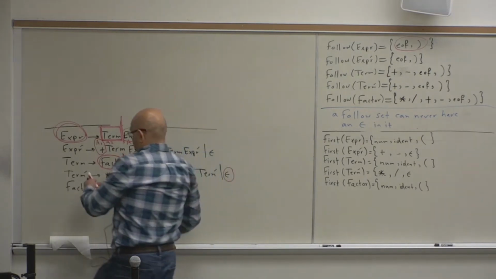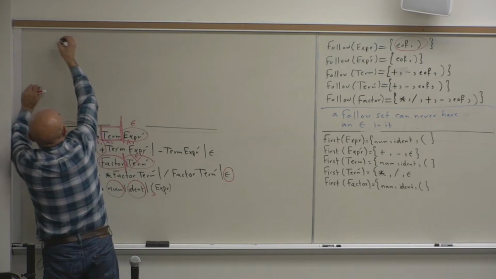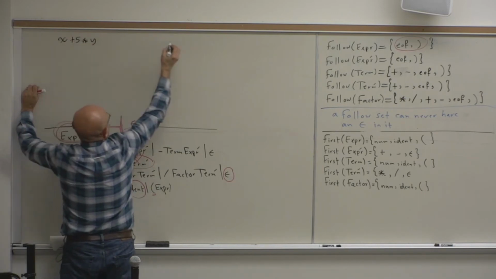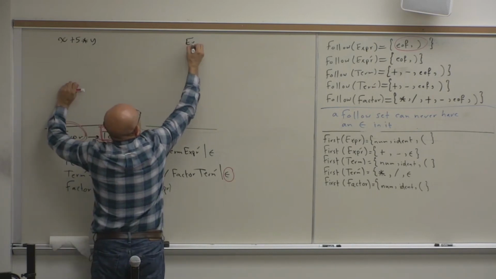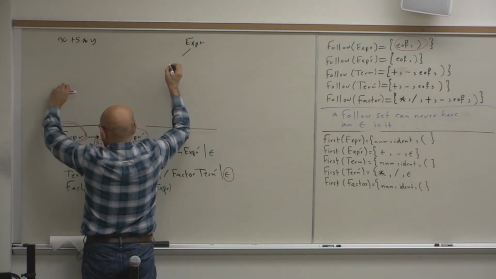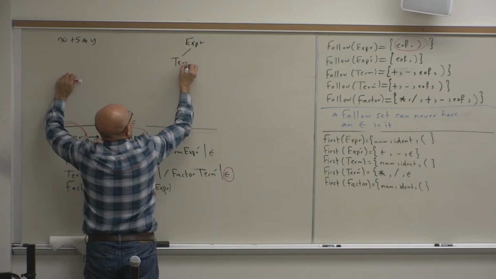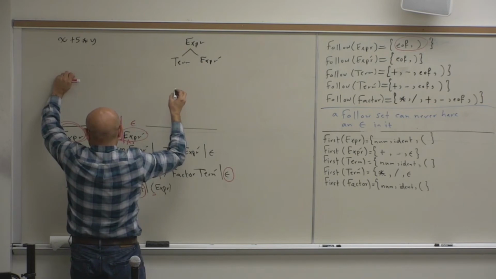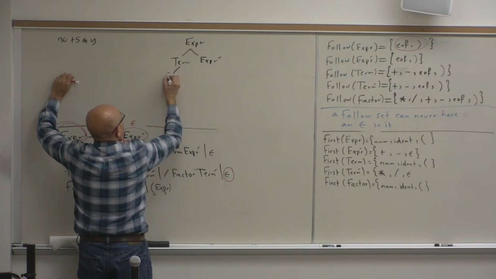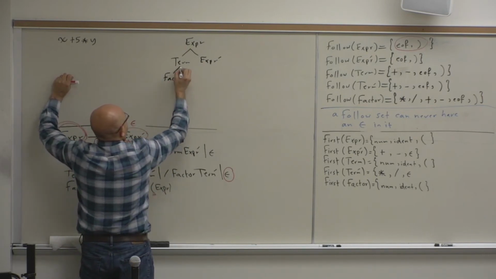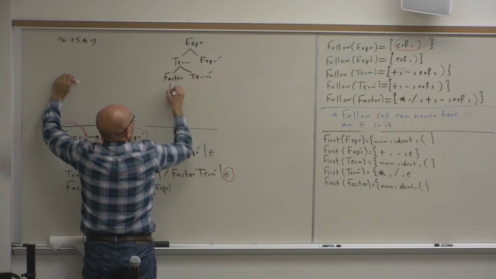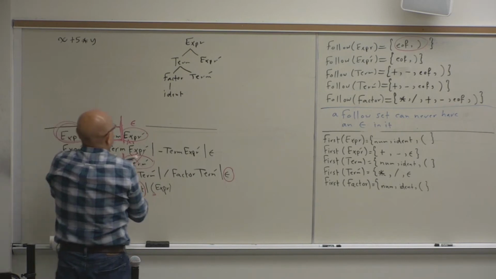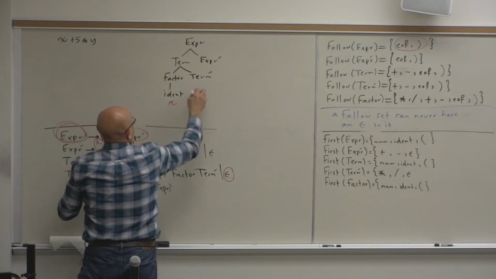So we did that x plus 5 times y, and we started with expression, then we substituted term expression prime, then we substituted for term factor term prime, and then we substituted identifier, and that's the x. Therefore, this term prime.